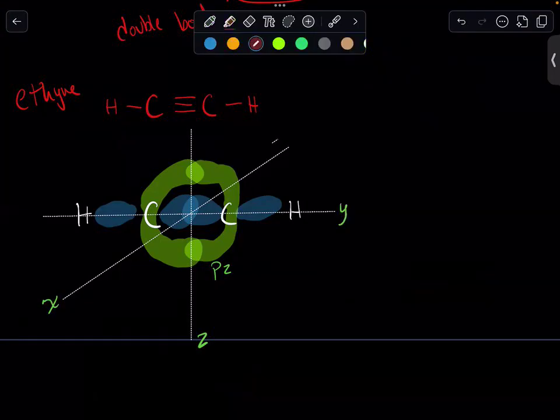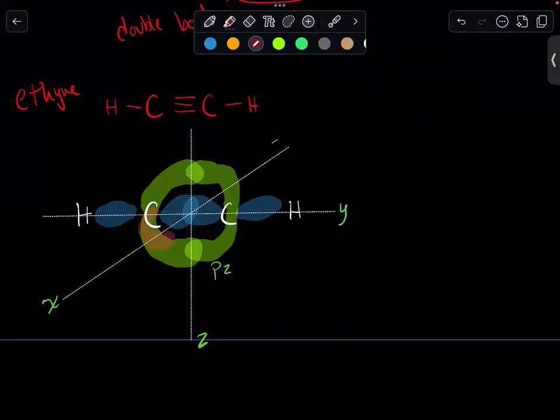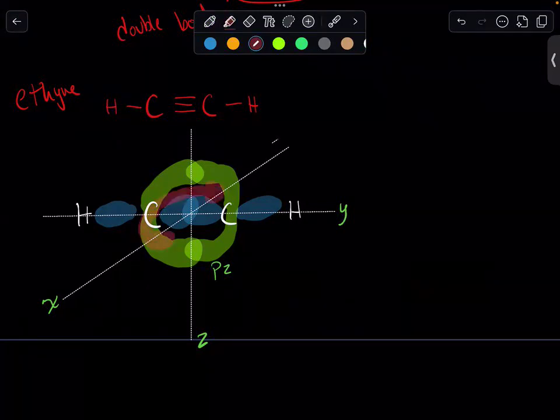Meanwhile, we get this overlap above and behind and in front. And this red one, which is getting a little stuffy and hard to see, is happening on the PX, and that's on our x-axis.